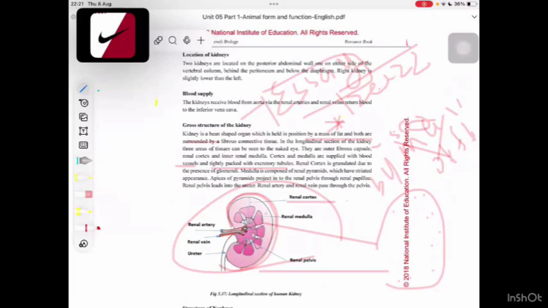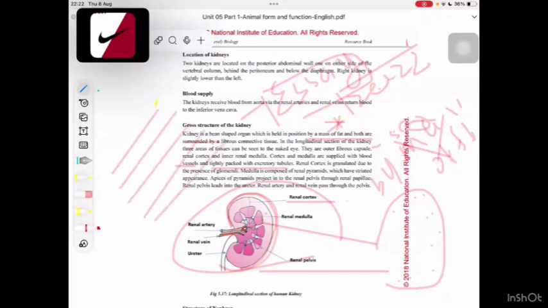The medulla is composed of renal pyramids, which have striated appearances. We are not going to learn what renal pyramids are, but they give it a striated appearance, an appearance like this.